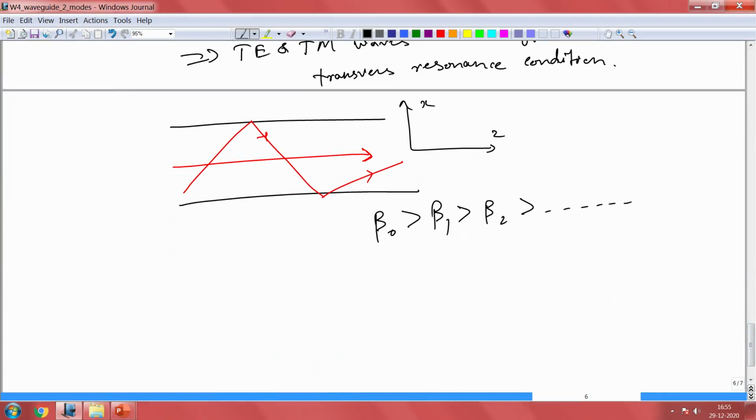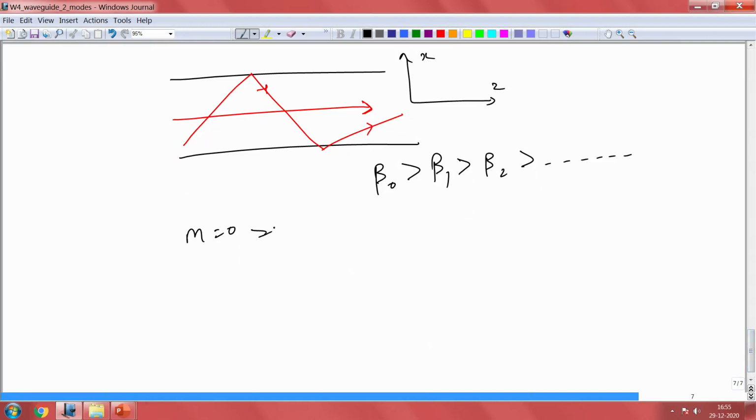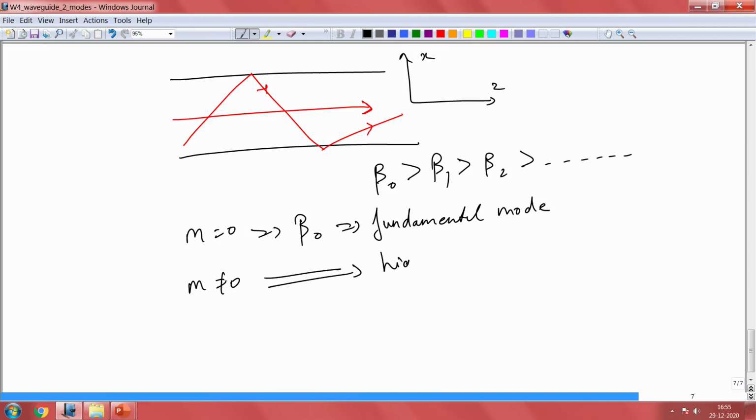So, you could have beta 0. So, m is equal to 0, which will correspond to beta 0, and this is the first mode. We call this the first solution or the lowest solution, we call this the fundamental mode. And when m is not equal to 0, anything higher, we call this a higher order mode.